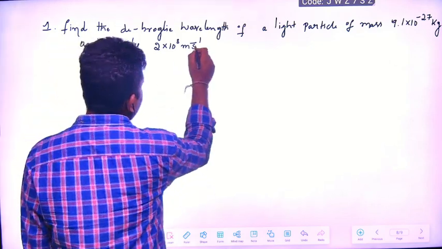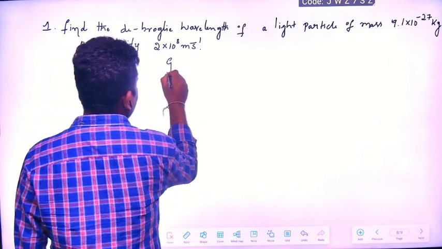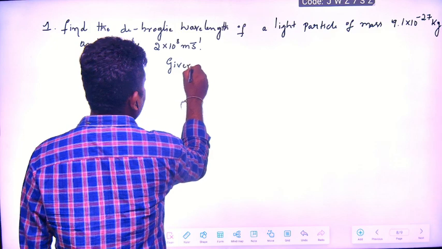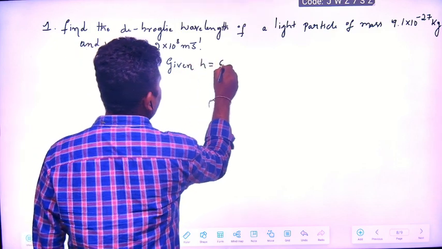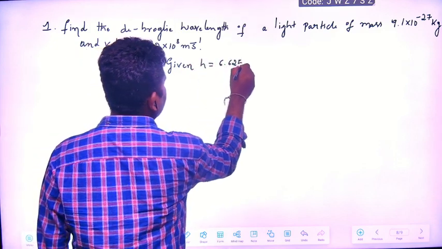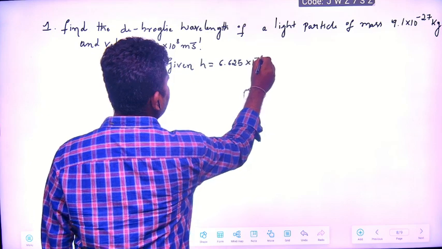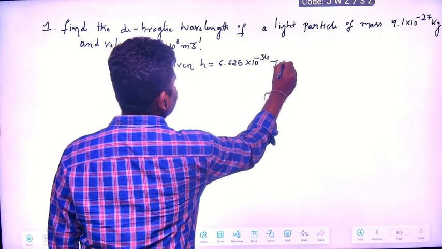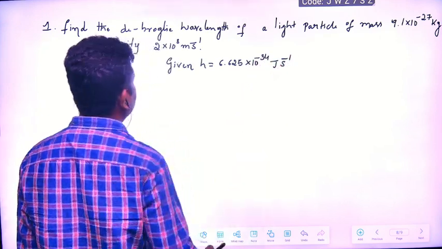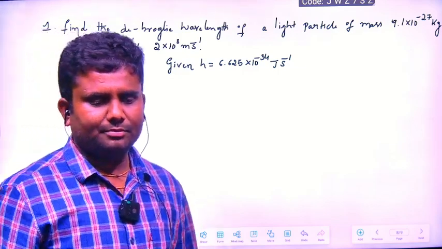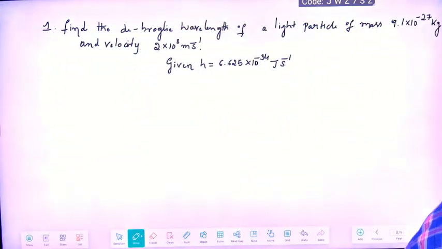Please find. Given h is equals to 6.625 into 10 to the power of minus 34 joule per second. Do it. Easy question.